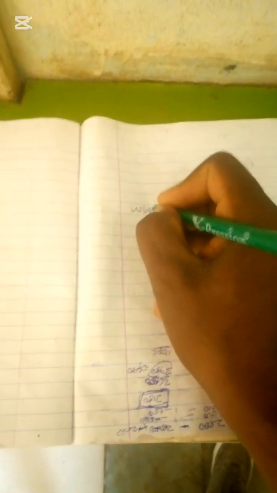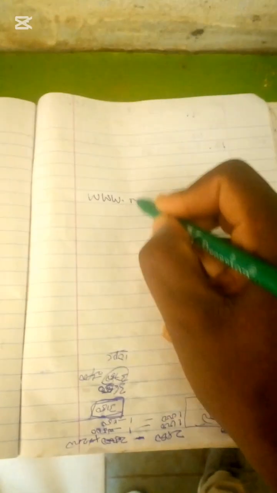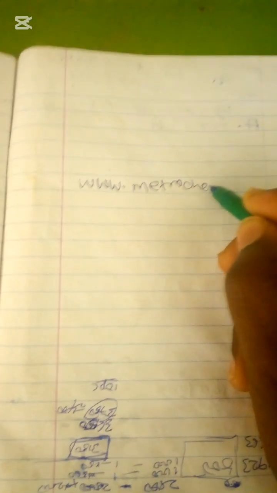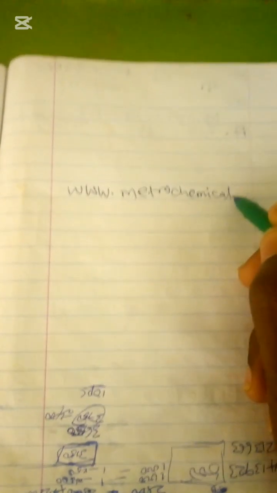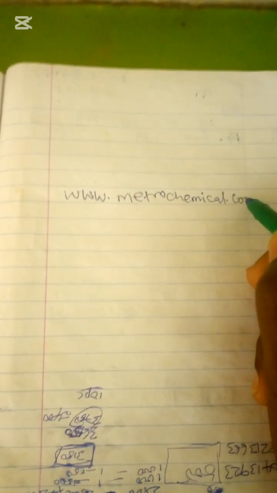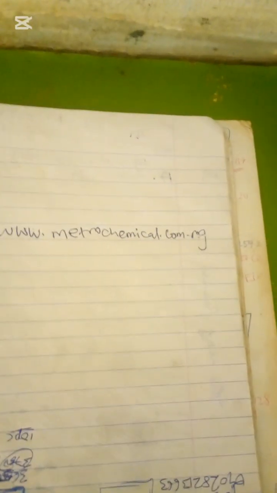Let me write it. metrochemical.com.ng. When you go to this website, you will see the soap recipe calculator.